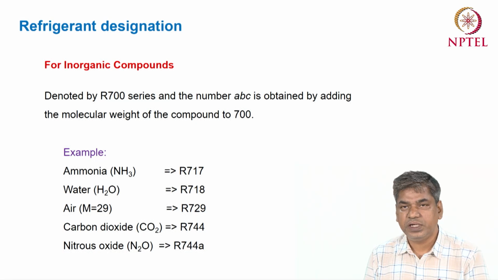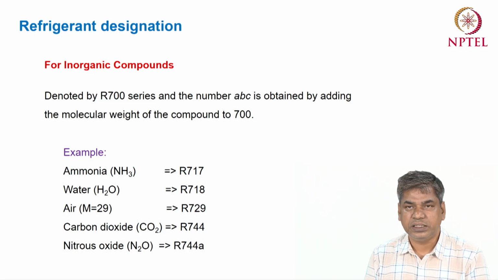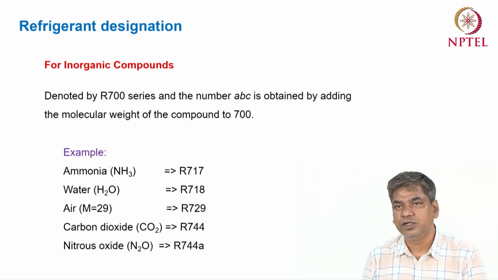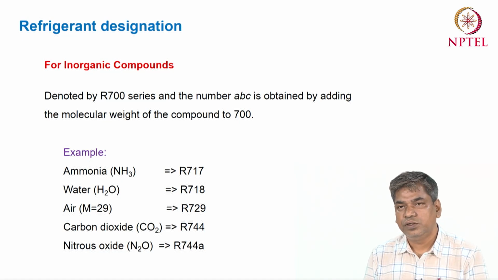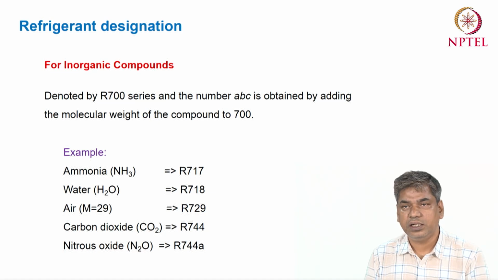Similarly, in the case of air, which is a mixture of different gases, the molecular weight we can take as approximately 29. So 700 plus 29 gives R729, the nomenclature for air.